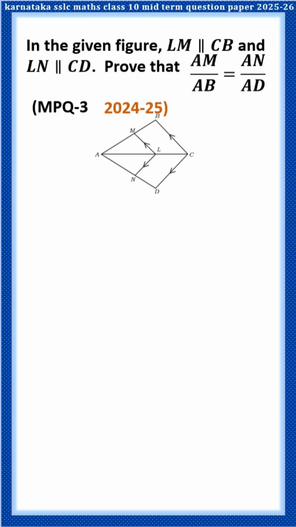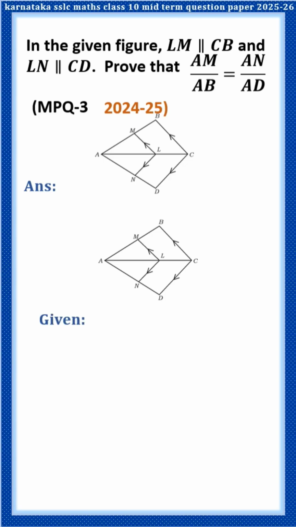A similar question has also been asked in Model Question Paper 3 of 24-25. In the given figure, LM is parallel to CB and LN is parallel to CD. Prove that AM by AB is equal to AN by AD. Similar question. Now let us have the figure. What has been given here?